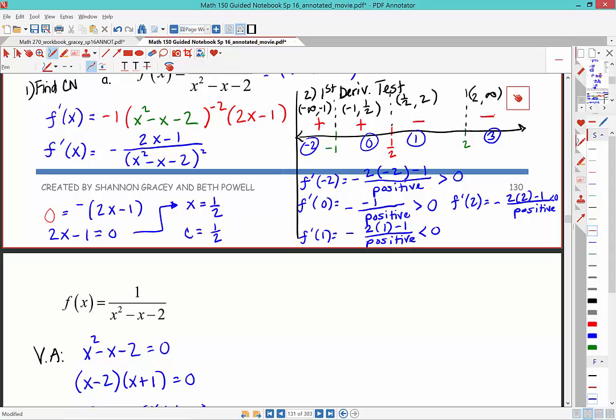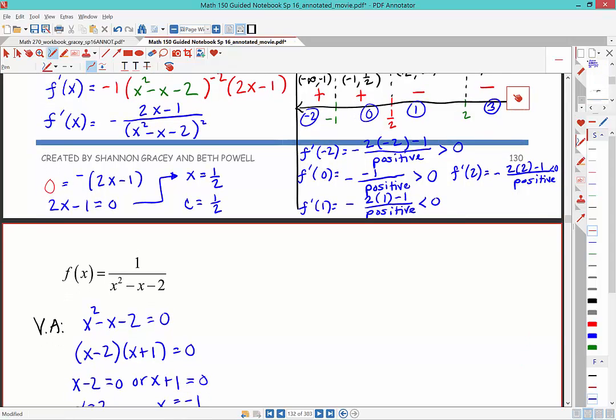So here we go. We have all of our information that we need. Do you see that at x equal to 1/2, there's a relative what?